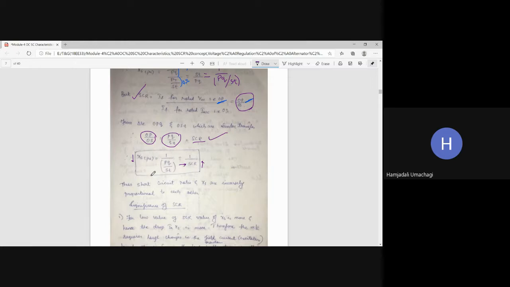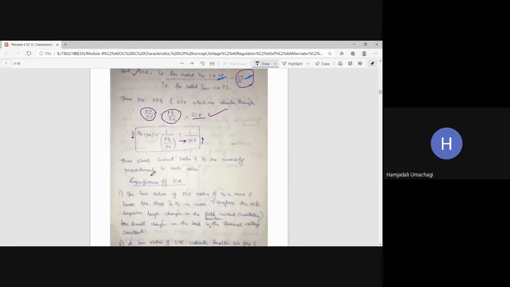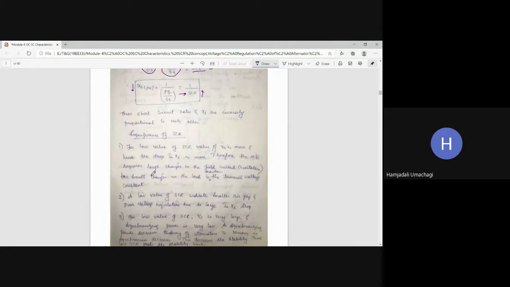Are you getting? So the next part of this is the significance of SCR. What is the significance? For a low value of SCR, what about Xs? If it is inversely proportional, if SCR is low, Xs will be more. If Xs will be more, then regulation will be more. Yes or no?